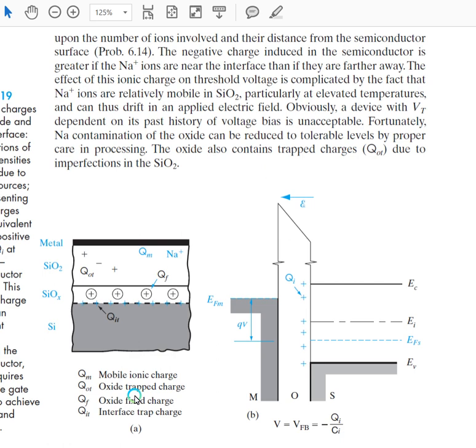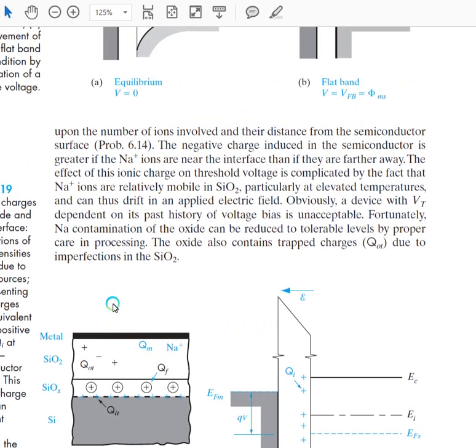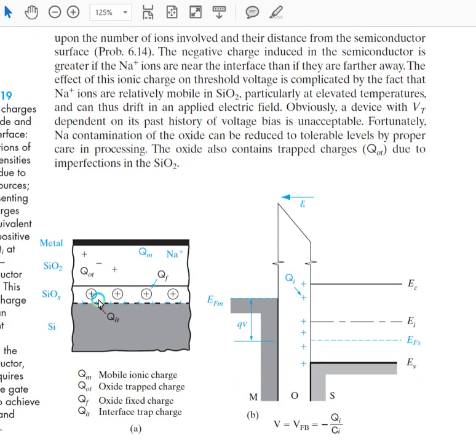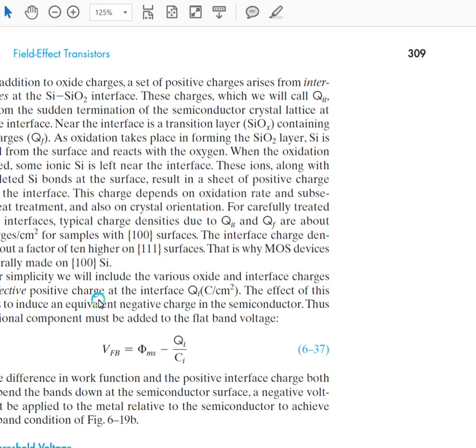These are unwanted charges wandering in the oxide, and we do not know about them, but we have to take them into account, because all these charges have to be balanced by the threshold voltage which we are supplying at the external gate. And then we may have the interface trap charge. Everything is given in this para, you can just go through it and read it out.